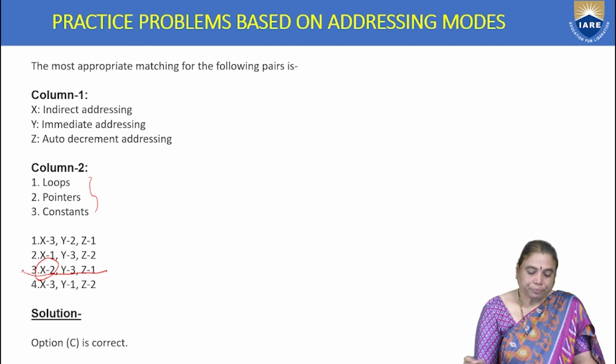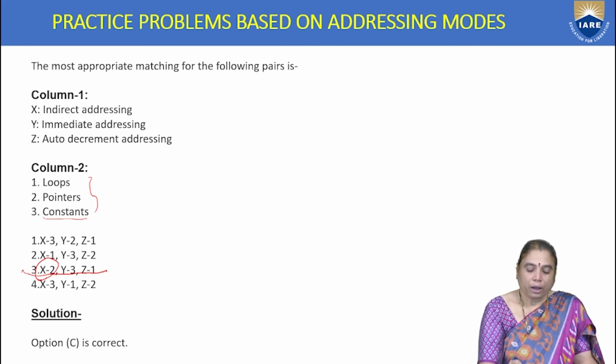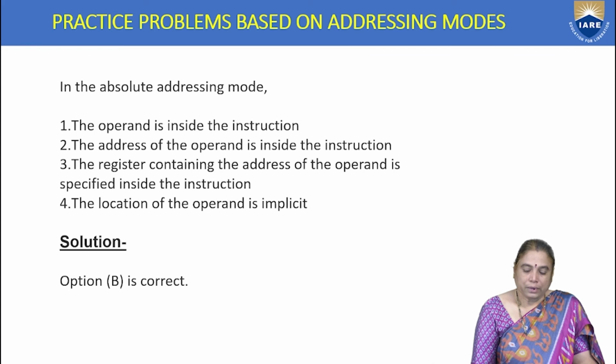The next one is immediate addressing mode, and the next one is auto decrement mode. The auto decrement mode is generally used in loops. So the high level constructs can be mapped to the proper addressing modes in this problem.